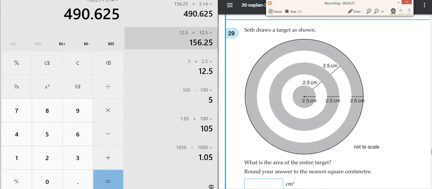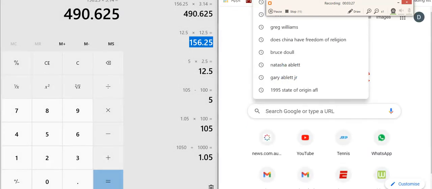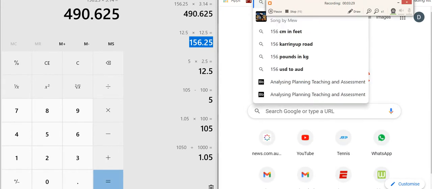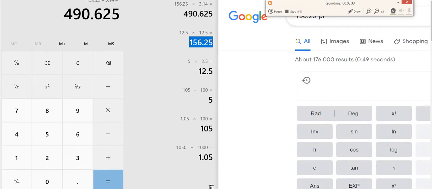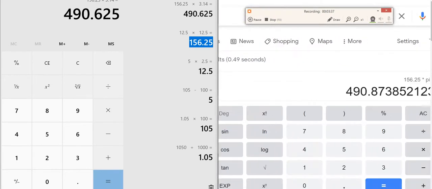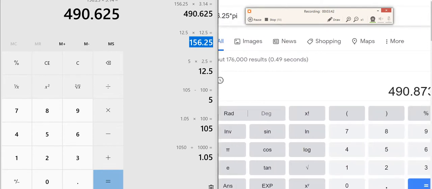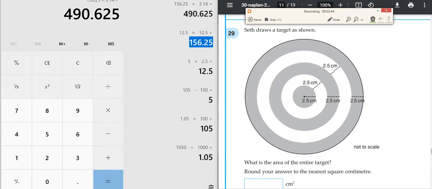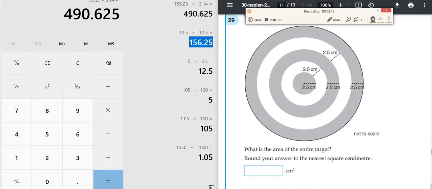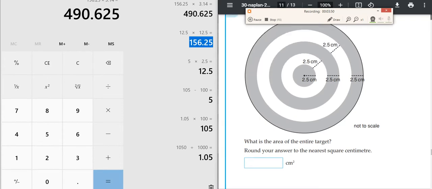So I'll get my 12.5 number here. 12.5 times 12.5, 156.25. 156.25 times pi. That gets me 490.87. So that will be the answer that we want. To the nearest centimetre, we have to round that up to 491. So 491 would be the answer to that.